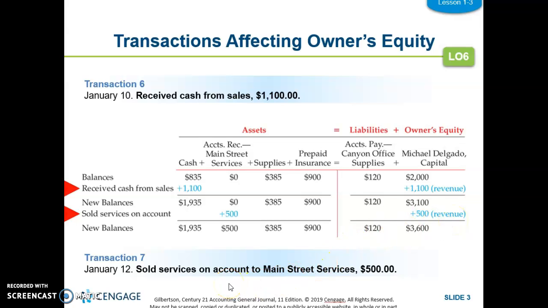And then the amount that Main Street owes us is going to increase. So rather than adding to cash, because they did not actually pay us anything right now, we are going to add to their account, which is titled Accounts Receivable, Main Street Services. Accounts Receivable is an asset account. It is something that we basically own that has value. They owe us money, and so that's something that we could turn into cash fairly quickly once they pay us.